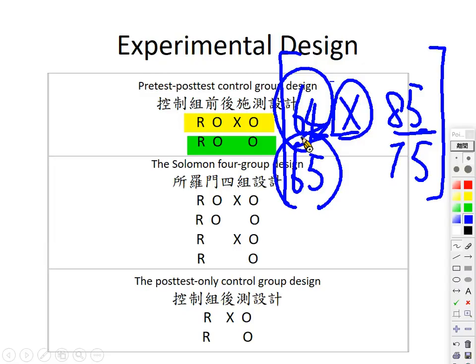That's for sure. Let's give you another scenario. If this is only conducted in a 3 hour session, so before the teaching for 3 hours, I give you a test, a pre-test, right? And after 3 hours of teaching, I give you another similar test, the same test.